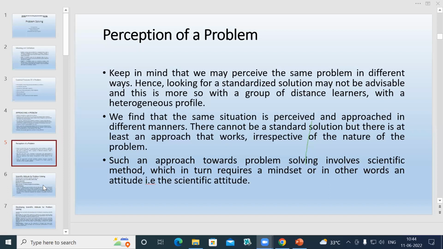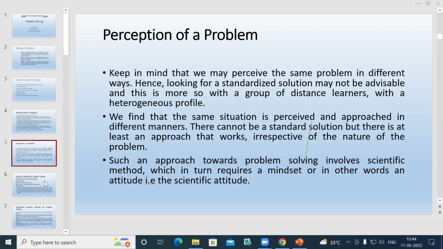We always keep separate the scientific method, scientific attitude, and scientific inquiry, because we solve the problem. Just try to understand, sometimes students get confused between problem solving and the scientific method. We always have an approach towards problem solving in a scientific method. We always try to solve the problem in a scientific way, which in turn requires a mindset, or in other words an attitude, known as scientific attitude.